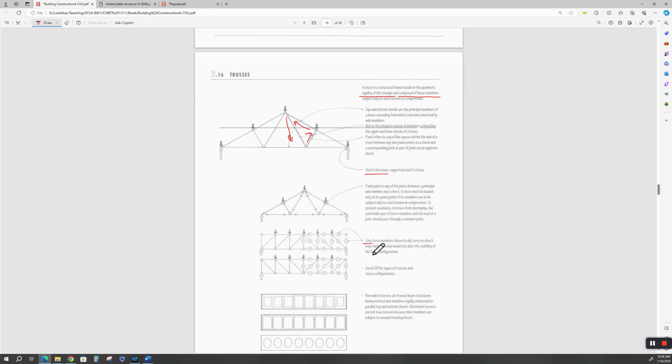Now, this says zero force members theoretically carry no direct load, and their omission would not alter the stability of the truss configuration. This is wrong. Okay. Theoretically, it's correct. But what happens if you have a force reversal?